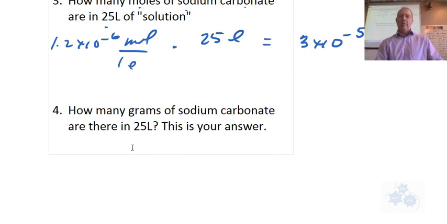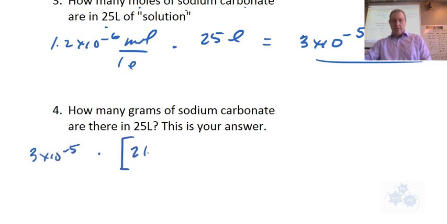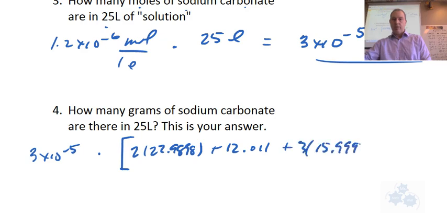How many grams of sodium carbonate are there in 25 liters? So here we go. We've got this many moles. We convert from moles to grams. Okay? And of course we need the grams per mole for sodium carbonate, which is, so we're going to go 3 times 10 to the negative 5 times, we have 2 sodiums, plus carbon, plus 3 oxygens.